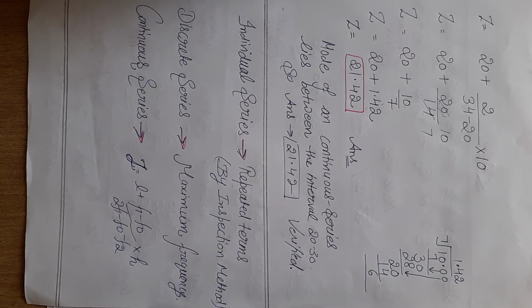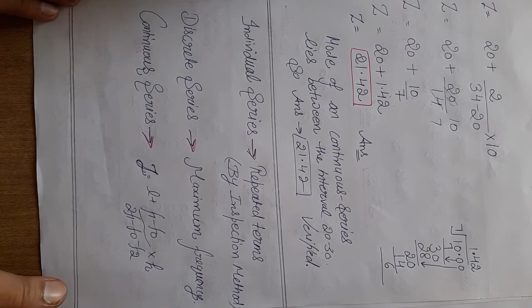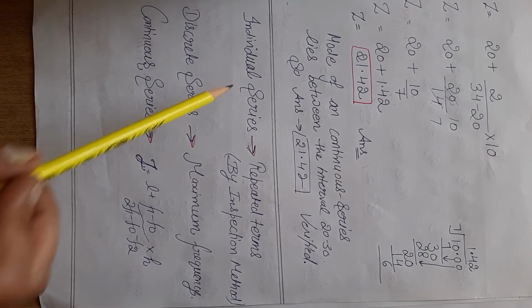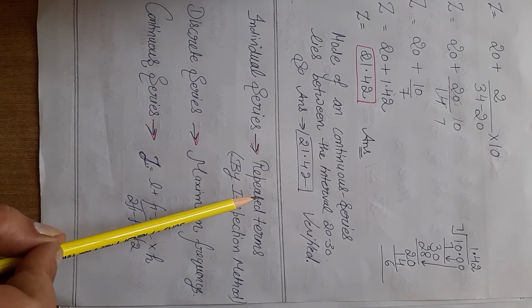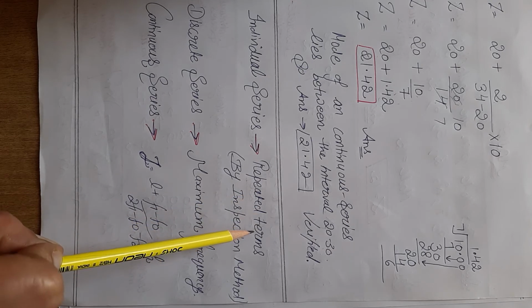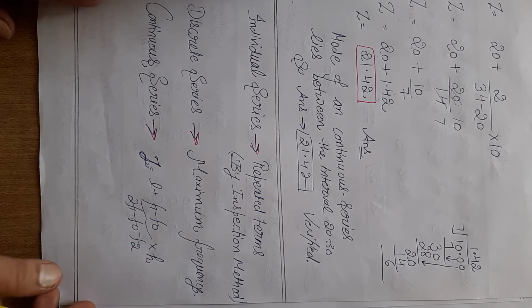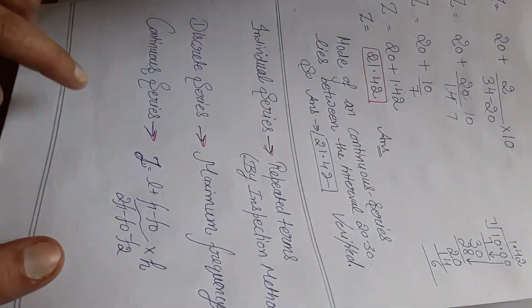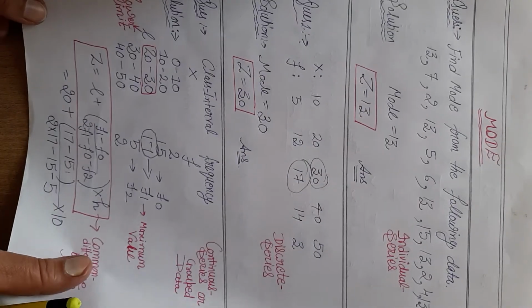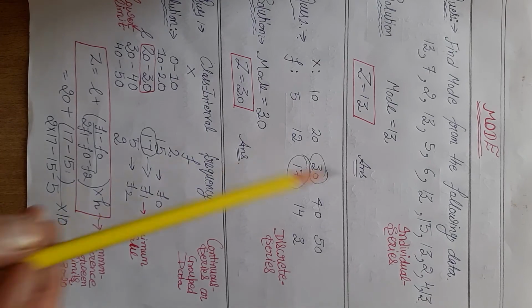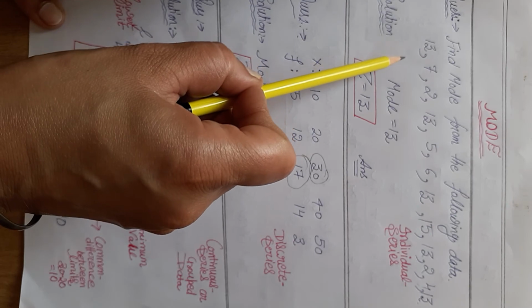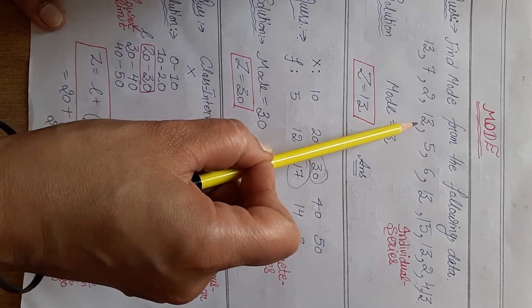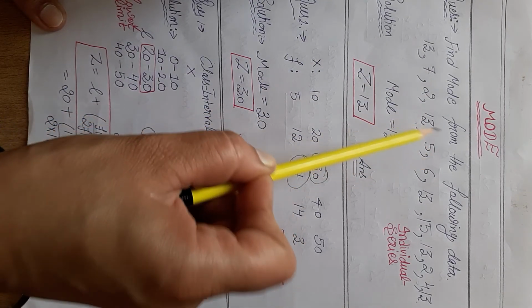I repeat my concept. When calculating the mode in individual series, we only see repeated terms. This method is called inspection. When you see your individual series, you can see 13 is that number which is repeated again and again.